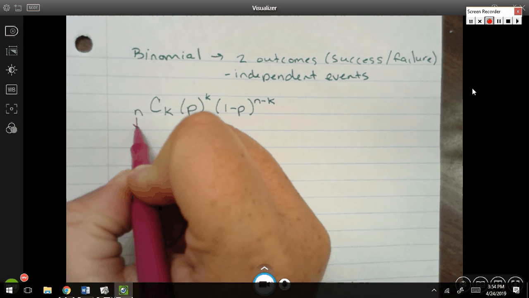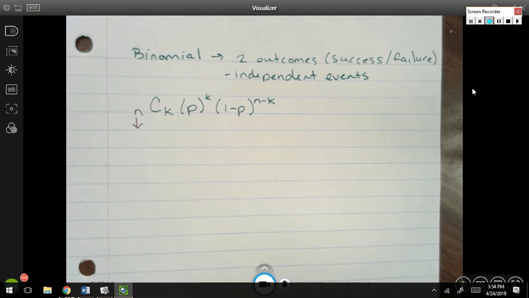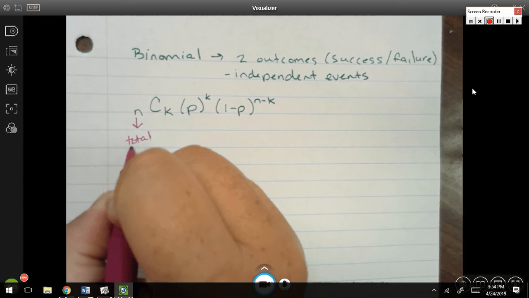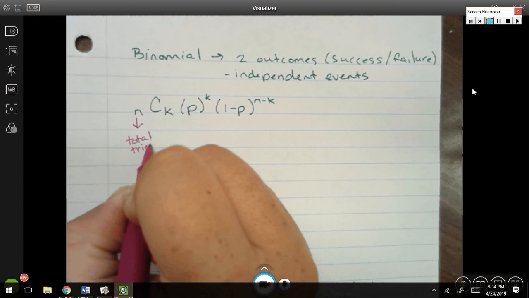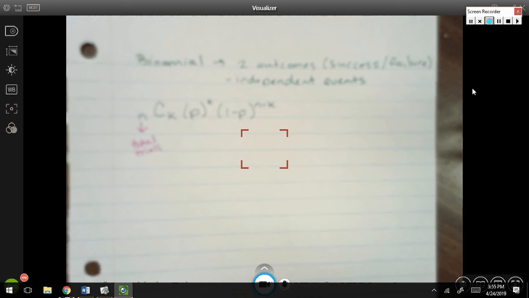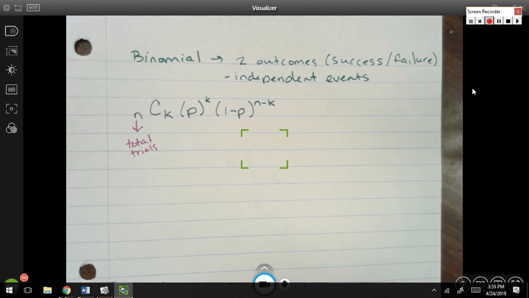N is my total number of trials, we'll say, or whatever it is that we're looking at. If I'm talking about a 50 question test, then my n would be 50. If I'm talking about 100 flips of the coin, my n would be 100. Okay, so it's the total trials, it's the number of trials that I'm looking at.